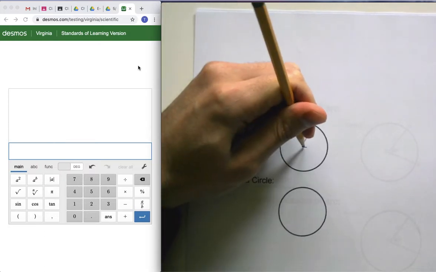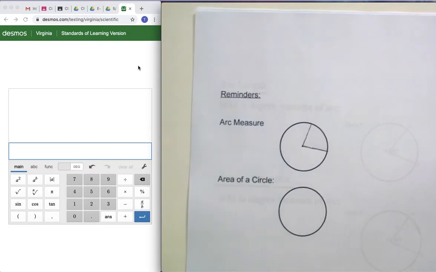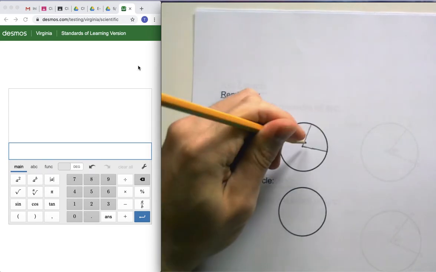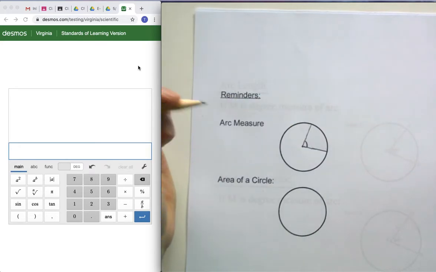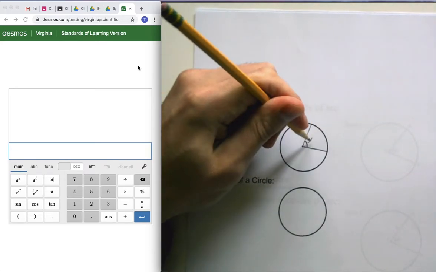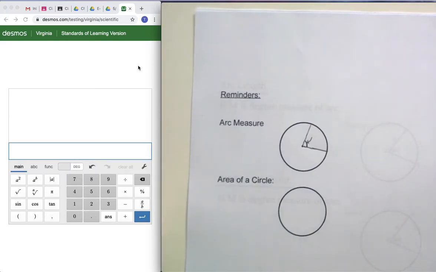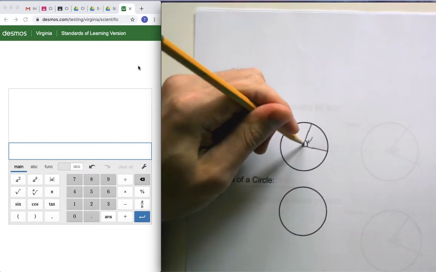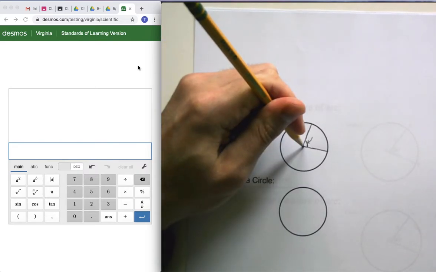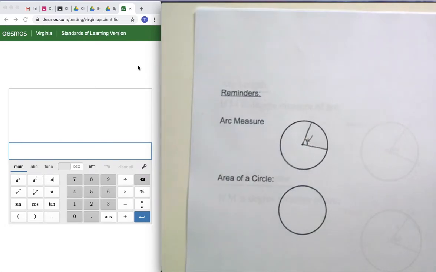The measure of an arc is basically the angle that this creates on the inside of the circle. So this right here would represent your arc measure, the measurement of the angle that is formed inside the circle when you have an arc.